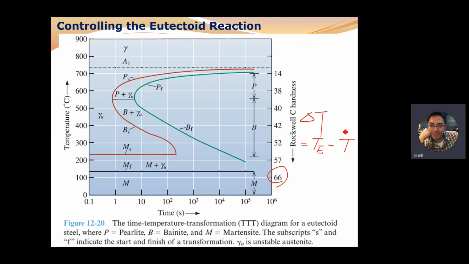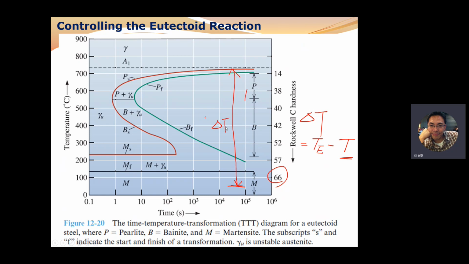For example, I want to get a Rockwell hardness of about 66. What should the delta T be? What should this temperature T be? Say maybe it should be right here. Therefore, its delta T is from the eutectoid temperature to, say, maybe 50 Celsius, and this is delta T.